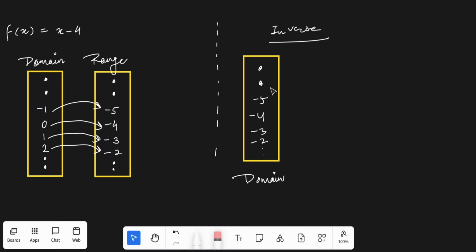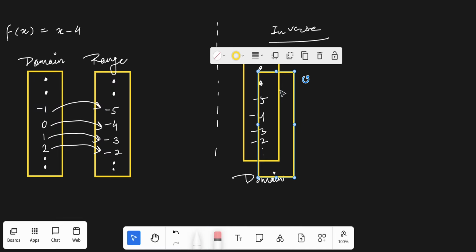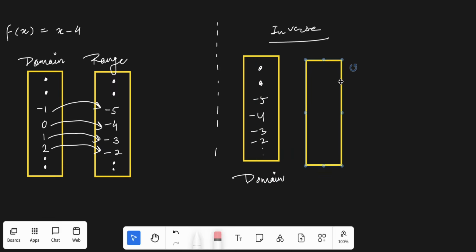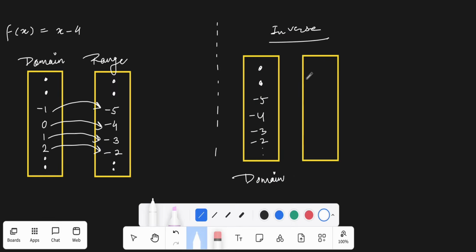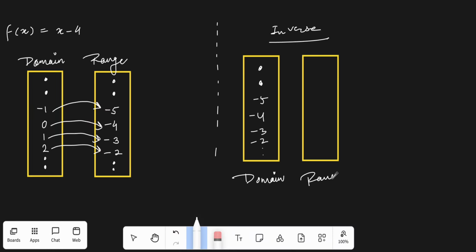So let's just copy and paste it once again, and we keep it over here. So the domain of our original function is now the range, and the values are -1, 0, 1, and 2.